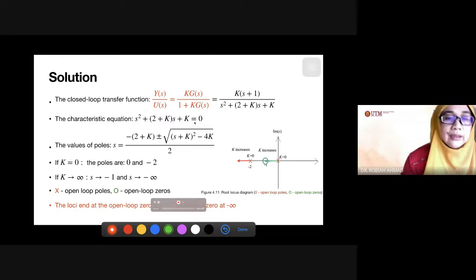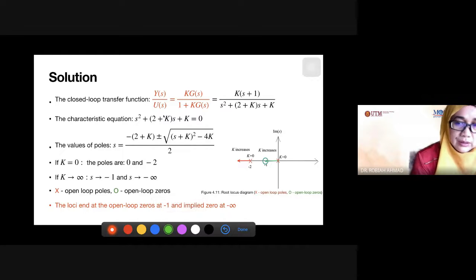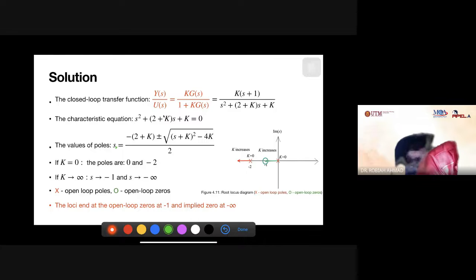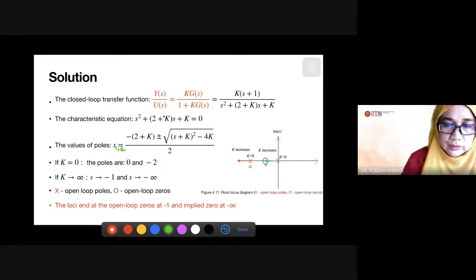So again, we want to find the roots, which is in this case the poles. So since it is a second order system, we're going to have two poles here, S1 and S2. Okay, so minus b plus minus square root of b squared minus 4ac over 2a. Again, okay.